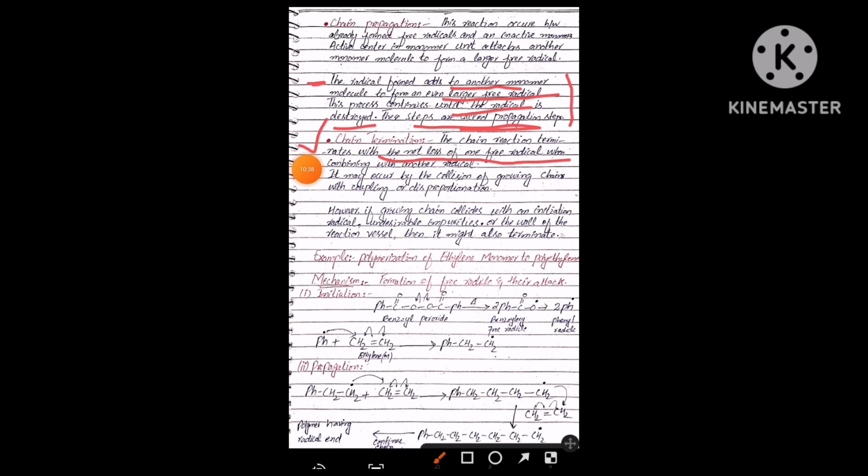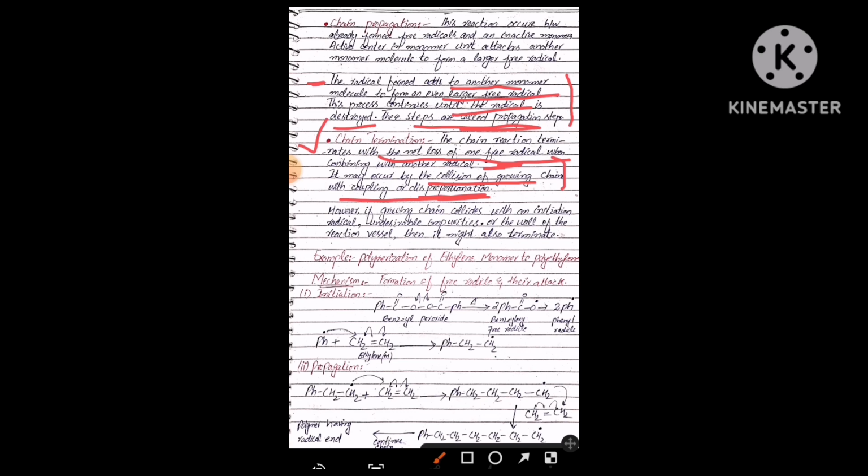It may occur by the collision of growing chains with coupling or disproportionation. So it's an important point. There are two ways of chain termination: one is combining radical and another is disproportionation.